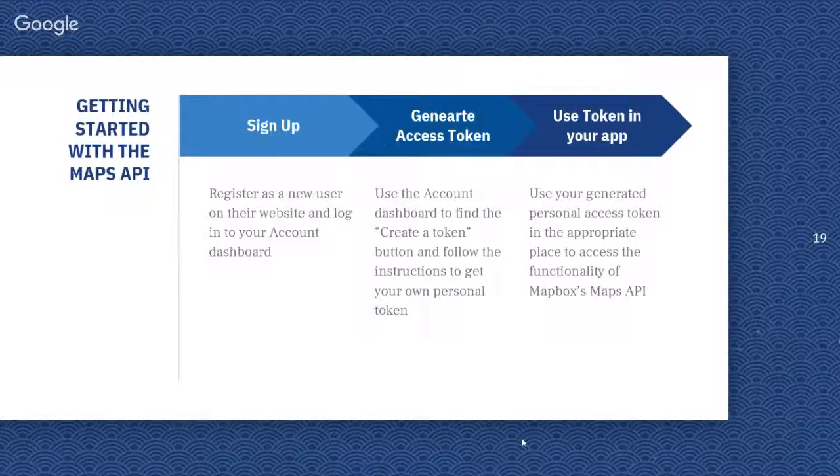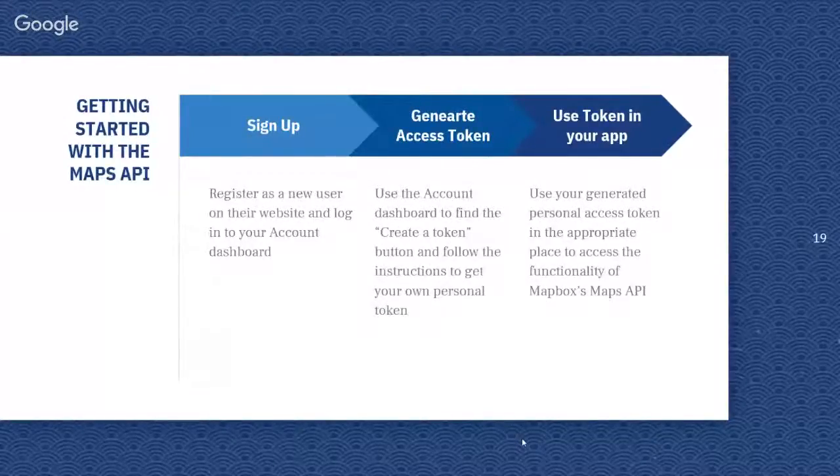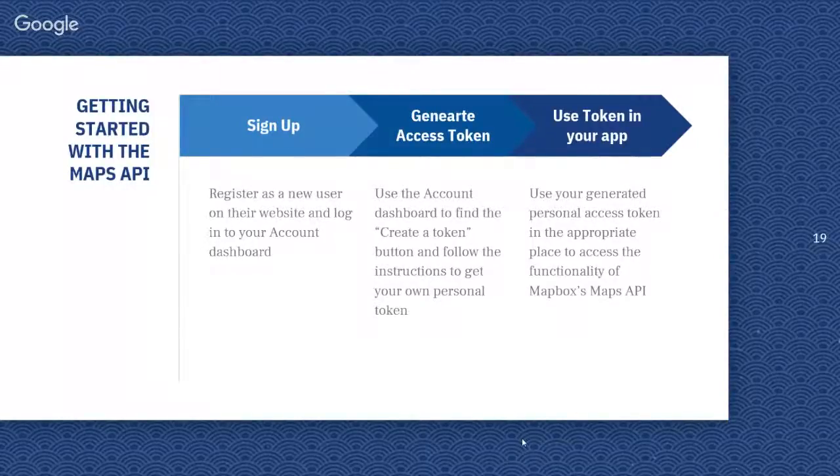Once you have your access token generated, you can move on to the final step: copy that access token and reference the appropriate documentation to see where exactly you should put it in order to start communicating with the API through this token. We'll see an example in a minute.